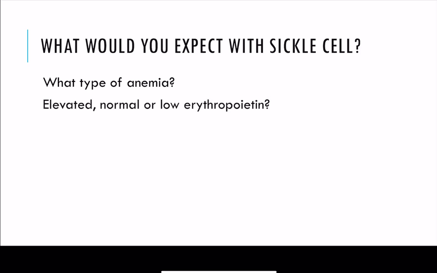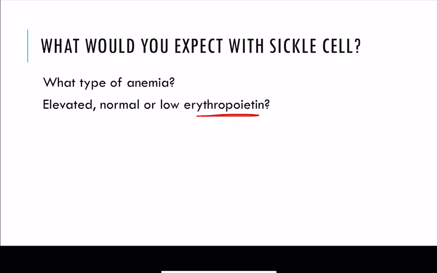Do we expect elevated, normal, or low erythropoietin? Now, just as a little physiology reminder, erythropoietin is the hormone that's released by the kidney. If you have low oxygen content in the kidney, it will release erythropoietin and it will stimulate red blood cell production.